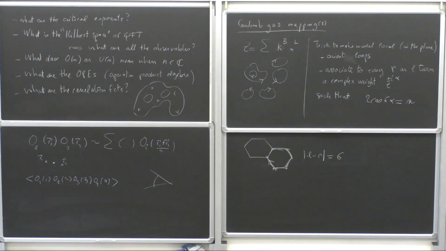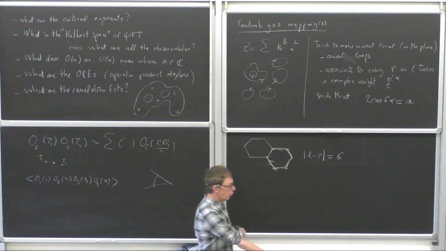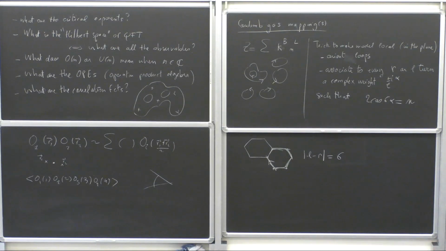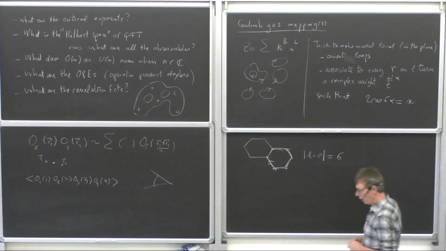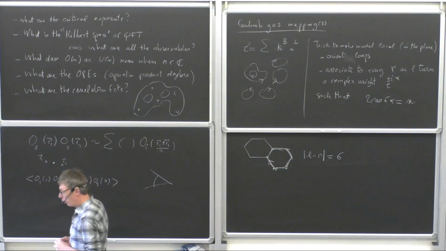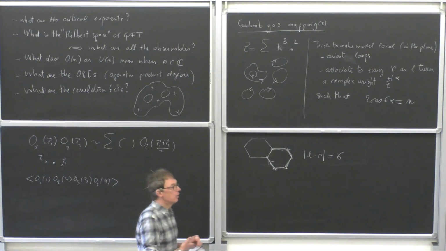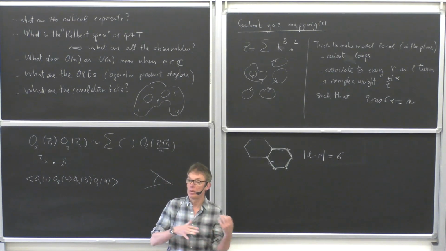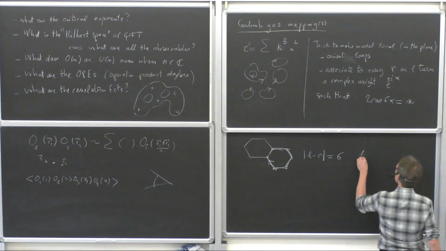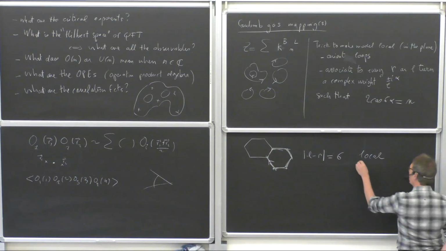And I can replace the model I had, a model of non-local Boltzmann weights, by now a totally local model where I demand that on every edge I have nothing or an oriented edge. I demand that the edges conserve the current, which is a local condition, and I give a weight plus or minus e to the i alpha to the left or right turns. This way I've made my model into a local model. It's local, but the Boltzmann weights are complex.